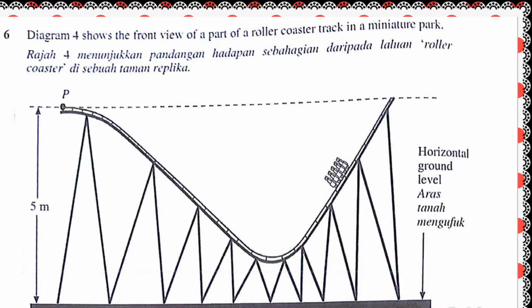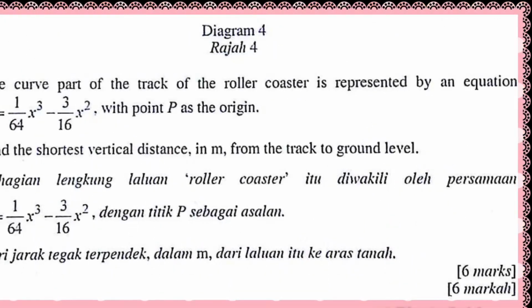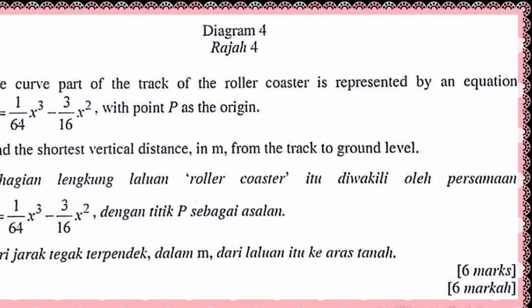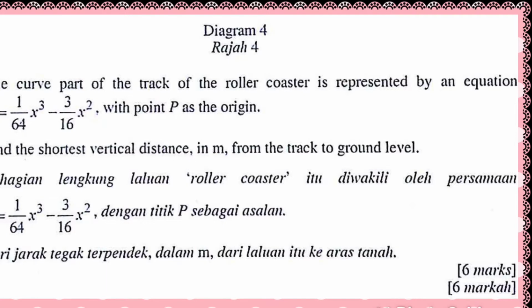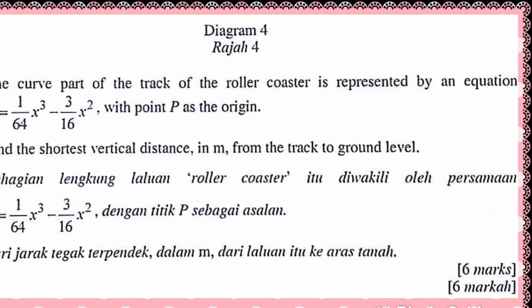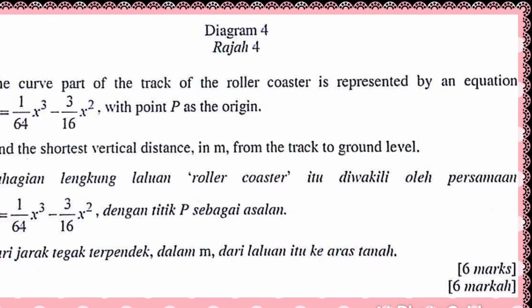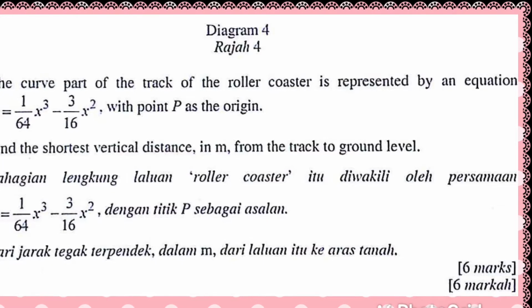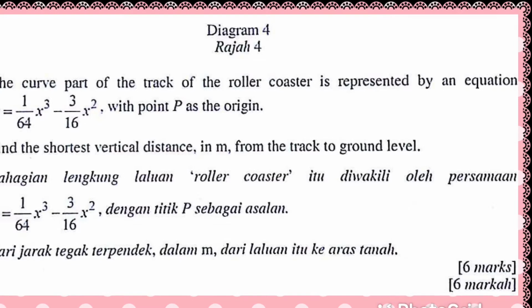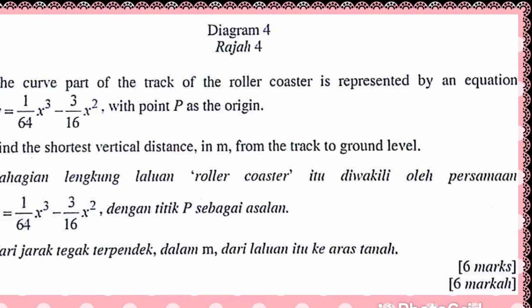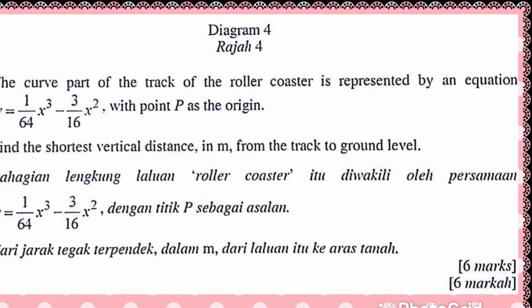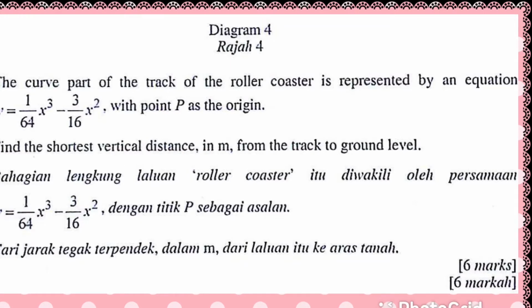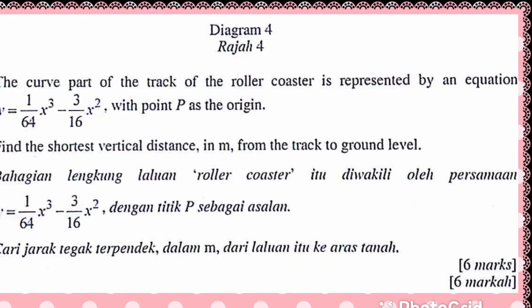They give you the equation. It's a cubic curve with the point P as the origin. They say find the shortest vertical distance from the track to the horizontal ground.